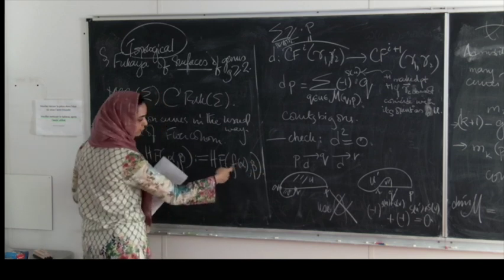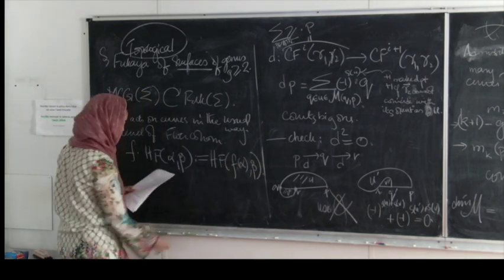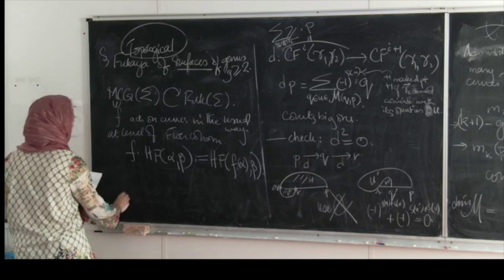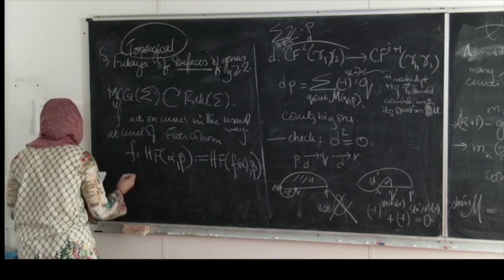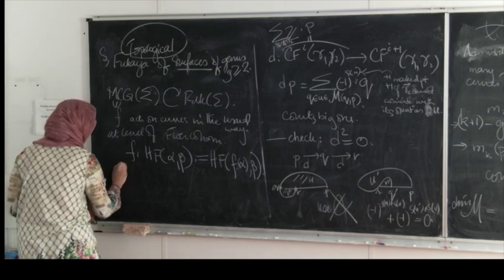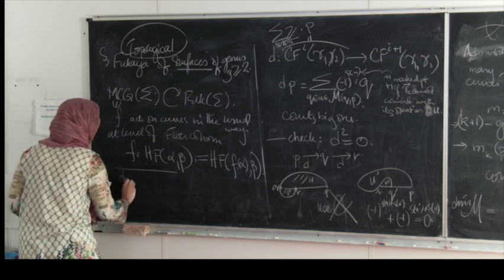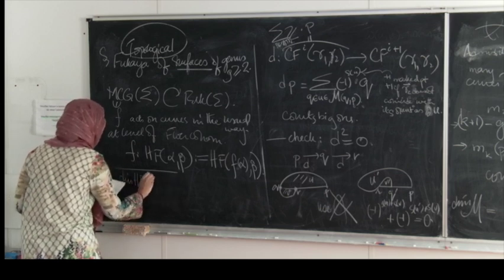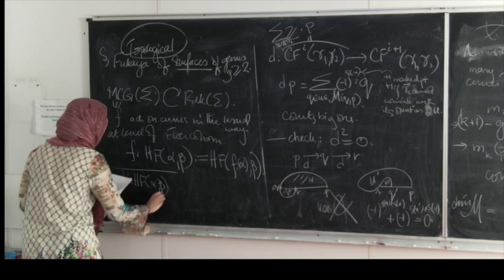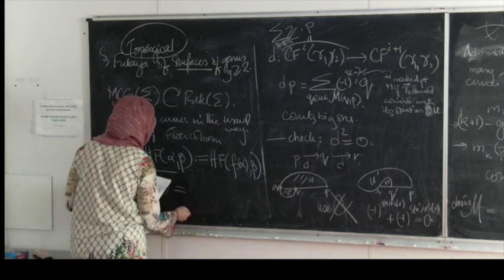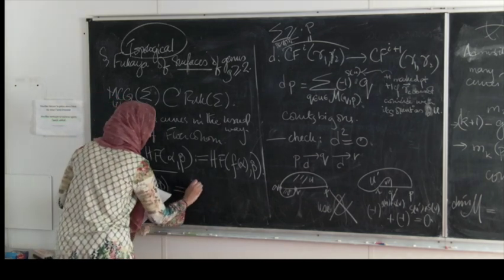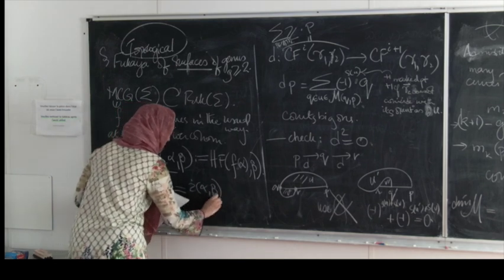Okay, so you move one of them and then you compute the Floer cohomology. And it's a well-known fact that the dimension of HF equals the geometric intersection number between two curves.